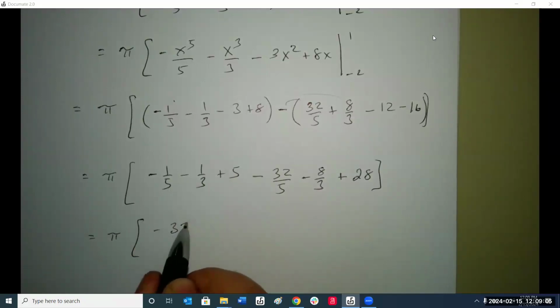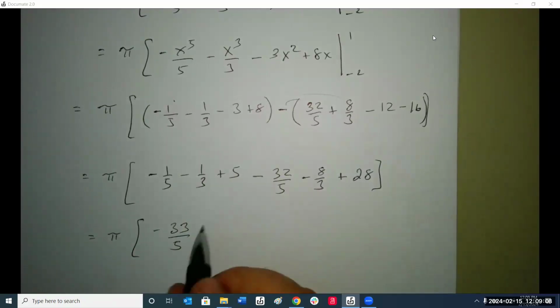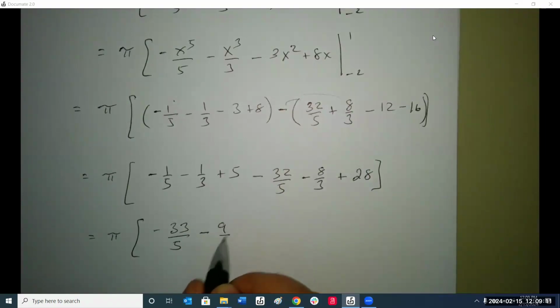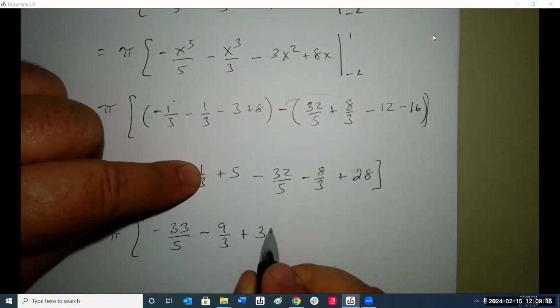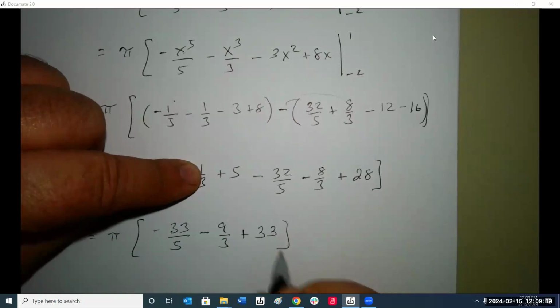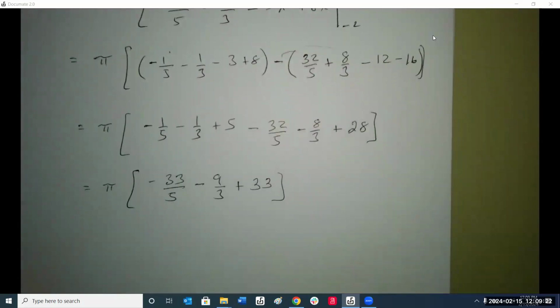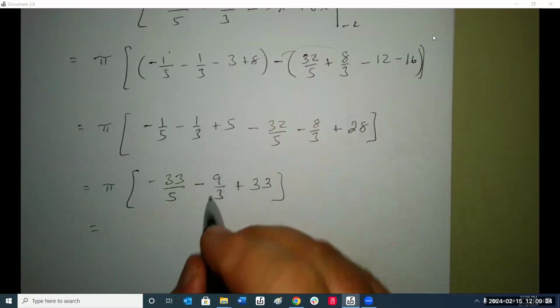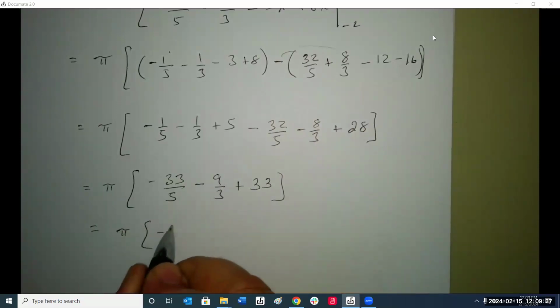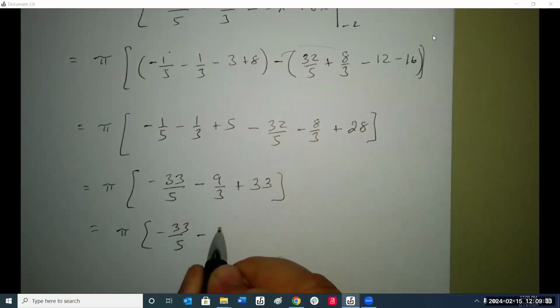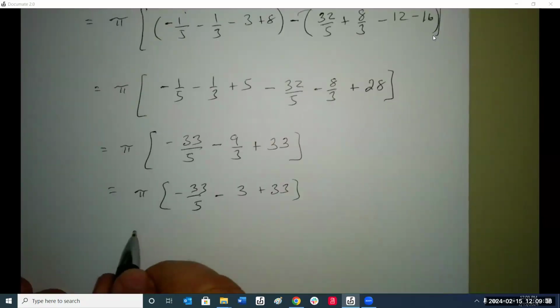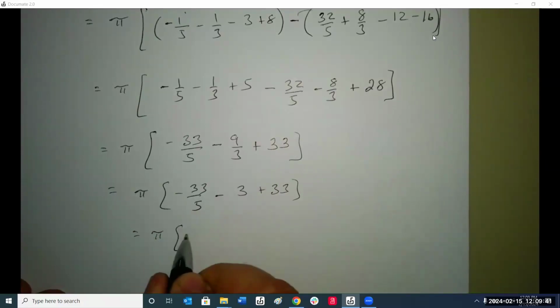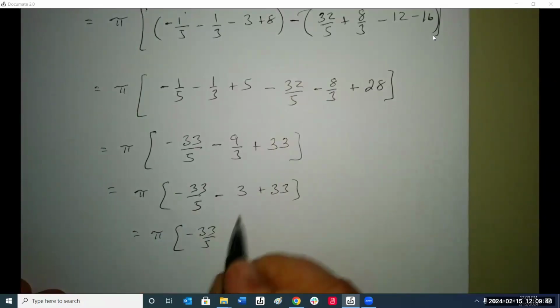Negative 33 over 5, negative 9 over 3, plus 33. Negative 33 over 5.